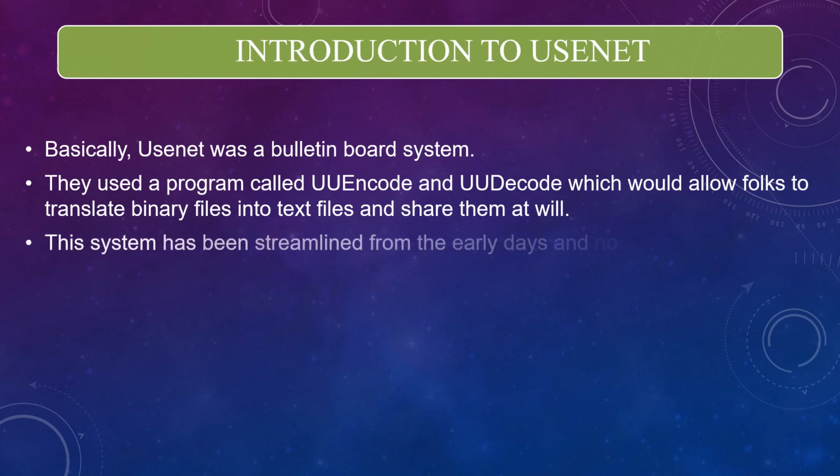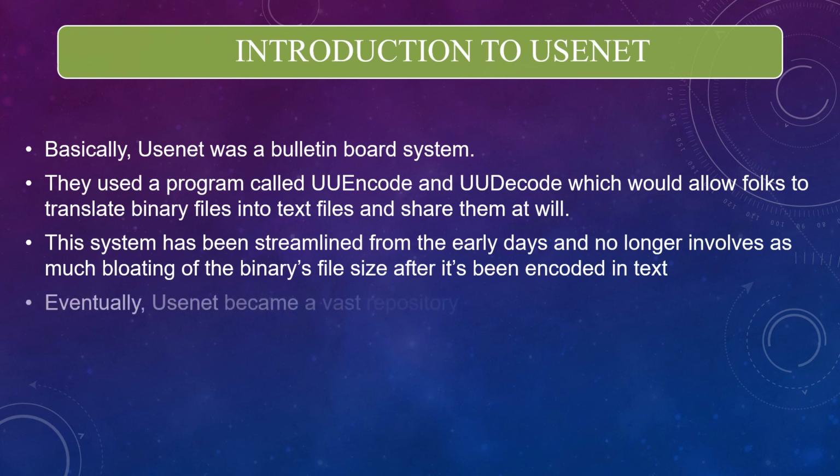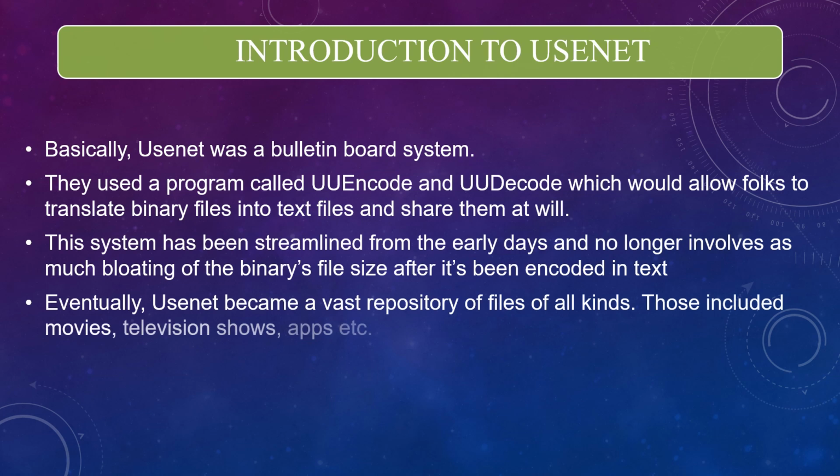This system has streamlined from the early days and no longer involves as much bloating of the binary's file size after it's been encoded in text. Eventually, Usenet became a vast repository of files of all kinds. Those included movies, television shows, apps, etc.